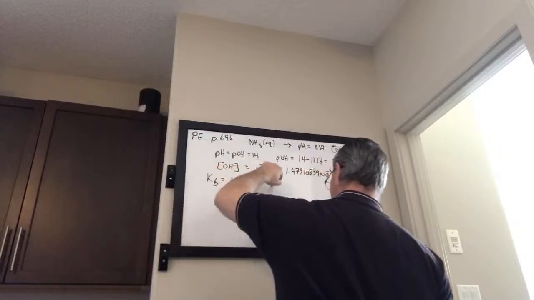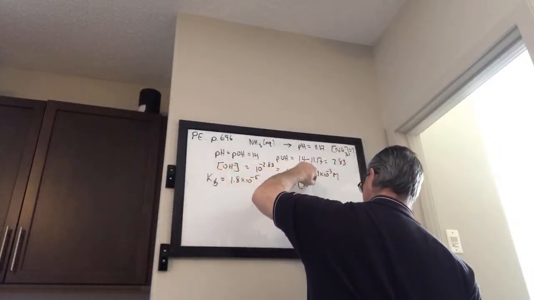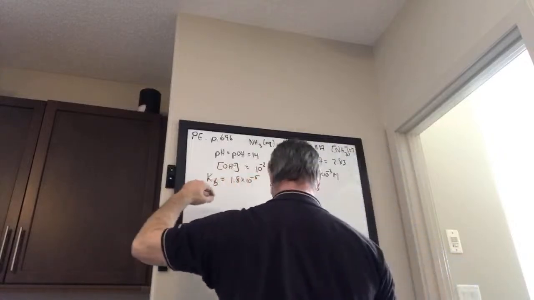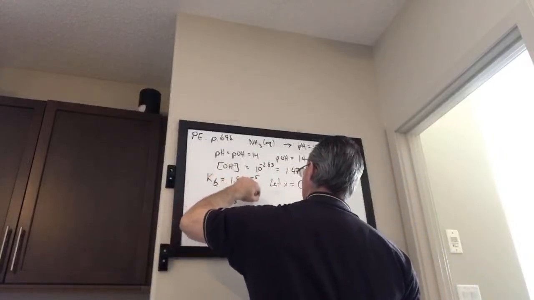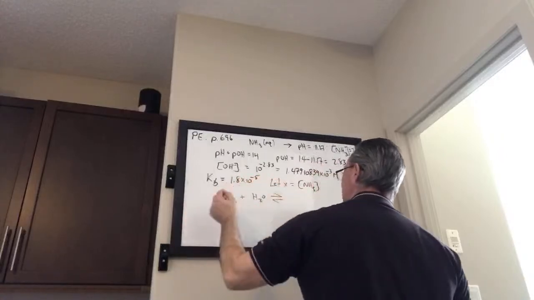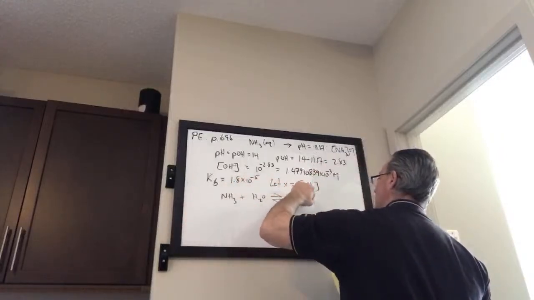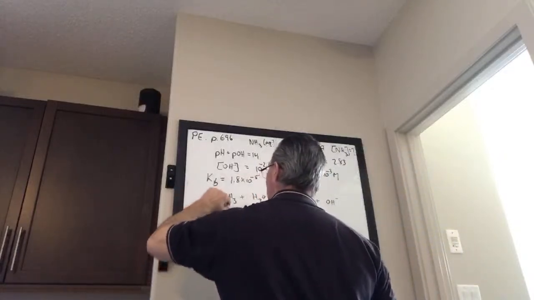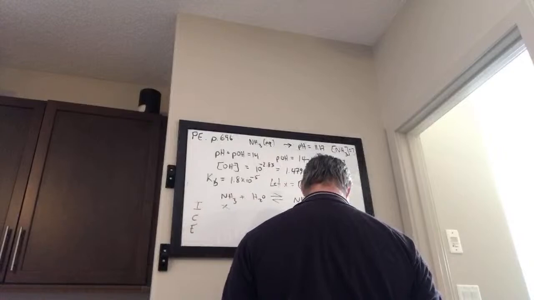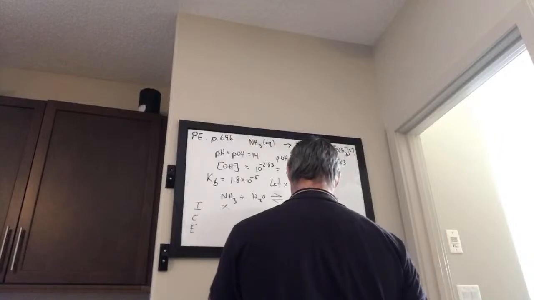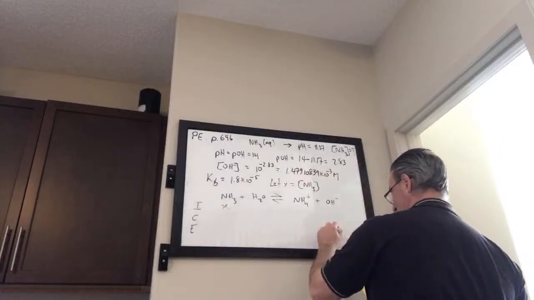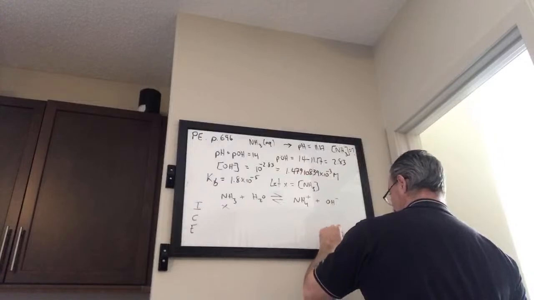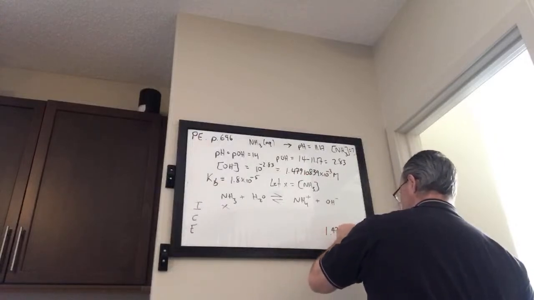So if we let X equal the initial ammonia concentration, we can set up an ICE table for the following reaction. Ammonia mixes with water and abstracts a proton from water, generating the ammonium ion and hydroxide. Make an ICE table, call this X. You know that the concentration at equilibrium of hydroxide is 1.479, etc., times 10 to the negative 3.